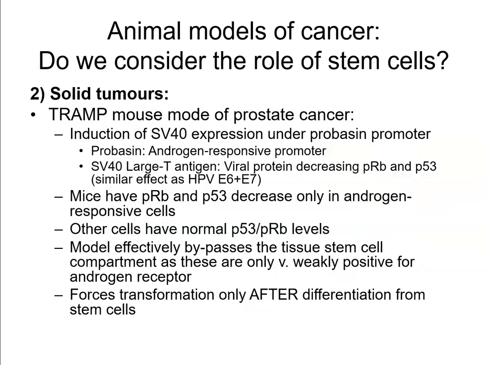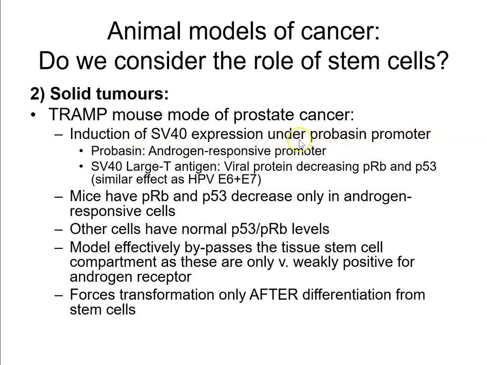Now, continuing that vein of thought, we're going to look at a prostate model, which I think possibly makes exactly the same mistakes. And this is the TRAMP mouse model of prostate cancer. This is a transgenic model, and the transgenic model is a result of a mouse which expresses the SV40 large T antigen under a probasin promoter.